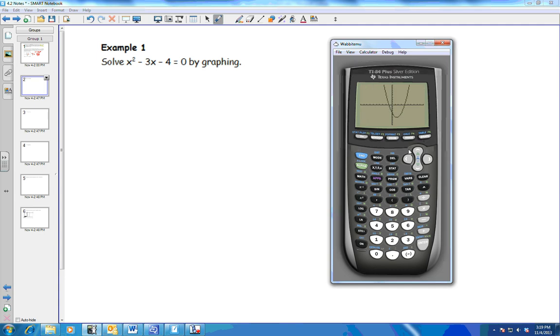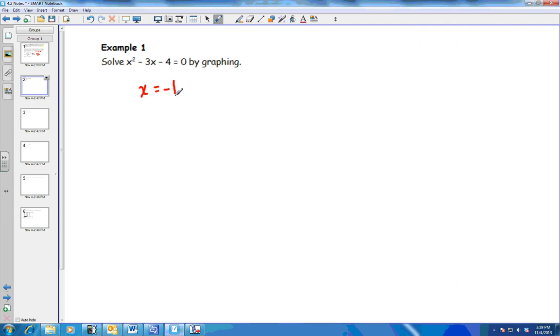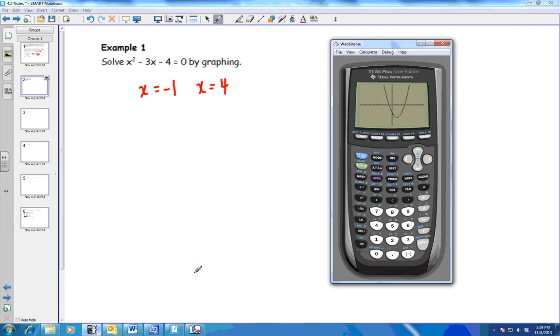Now, sometimes you can tell very easily where it crosses the x-axis. It crosses here at negative 1, and it crosses here at 4. So x equals negative 1, and x equals 4. I'm going to bring my calculator back up.